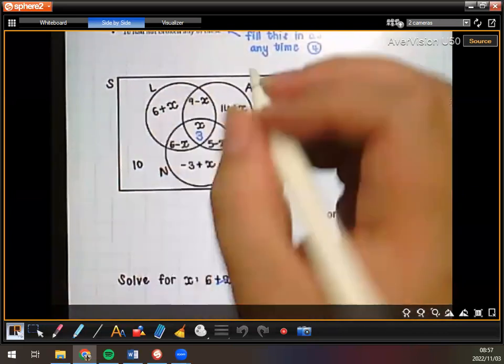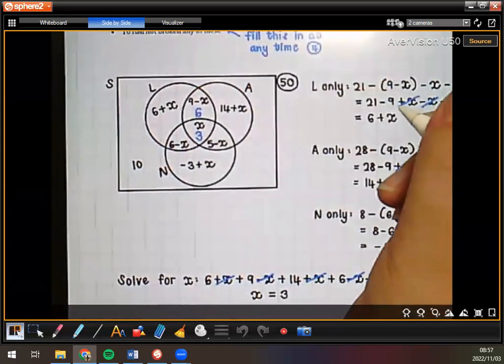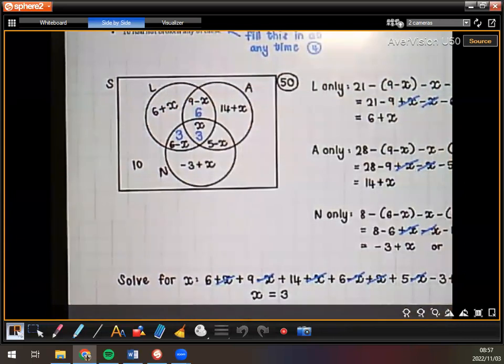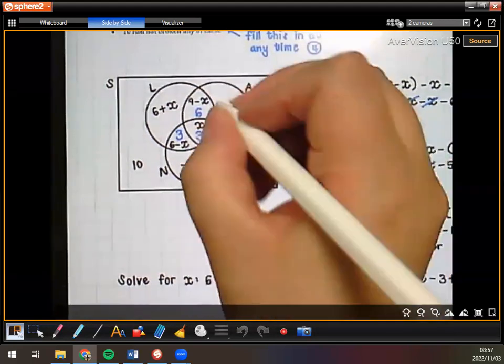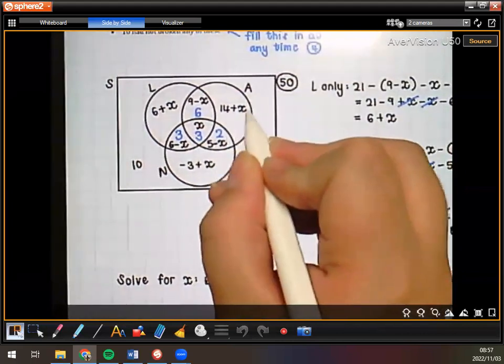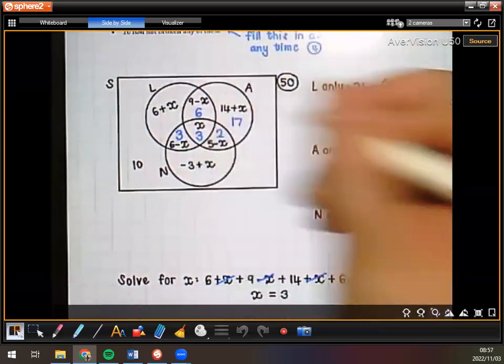What's 9 minus 3? 6. 6 minus 3 is 3. 5 minus 3 is 2. So I'm actually working those values out now by using 3 for x everywhere. 14 plus 3 is 17.